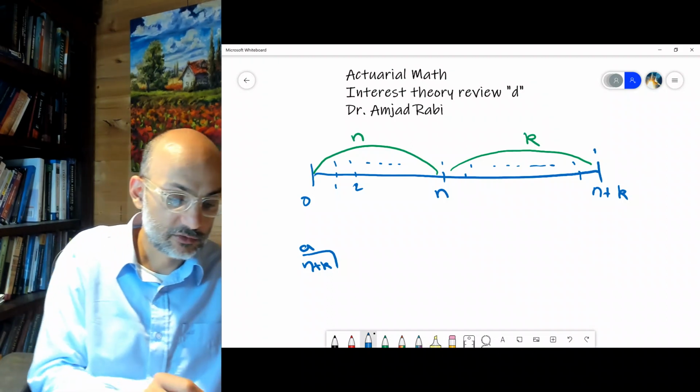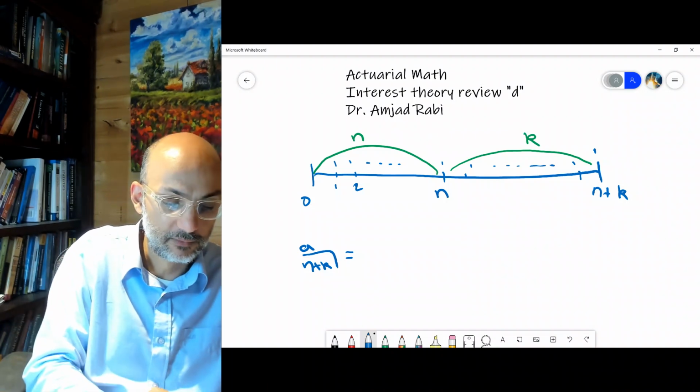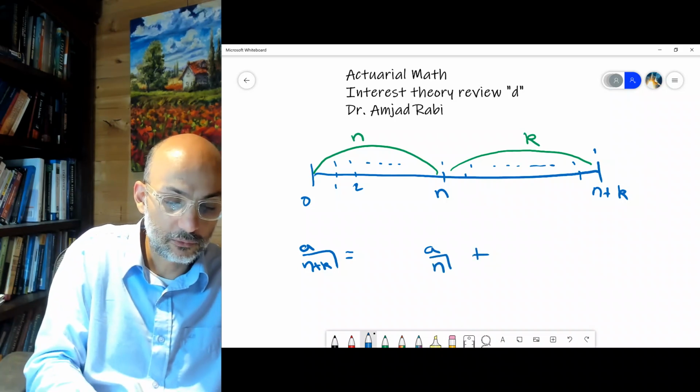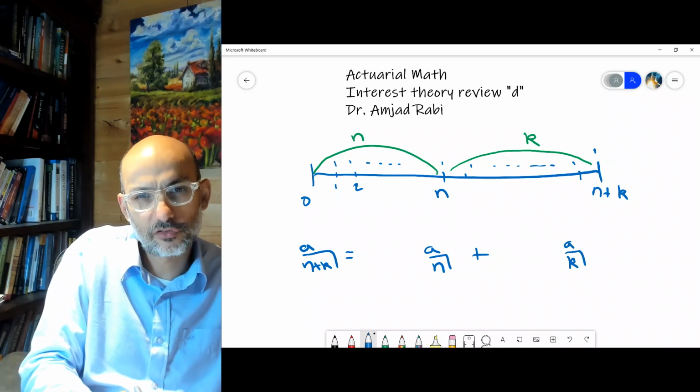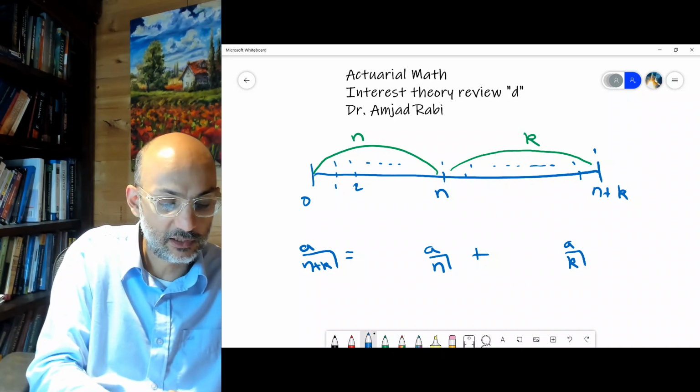We need to relate it, or split it, between n and k. So we know that we can add a angle n, and then we need to add a angle k. I left a little space here just to think through what we need to make this equality.